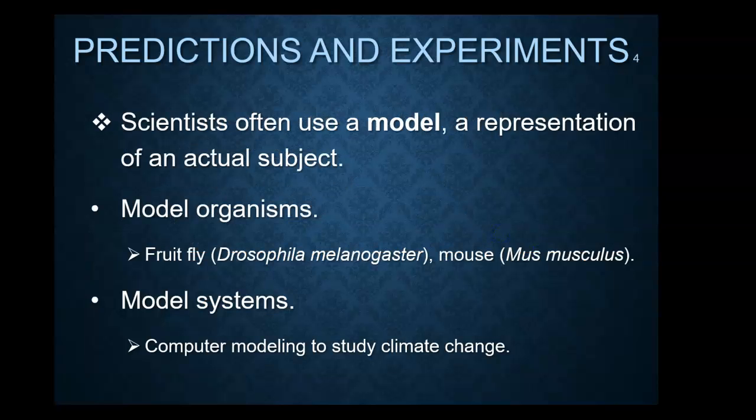Scientists often use models, and that's a representation of the actual subject. We know, for example, you can use a fruit fly to test a mouse, a pig, these model organisms.